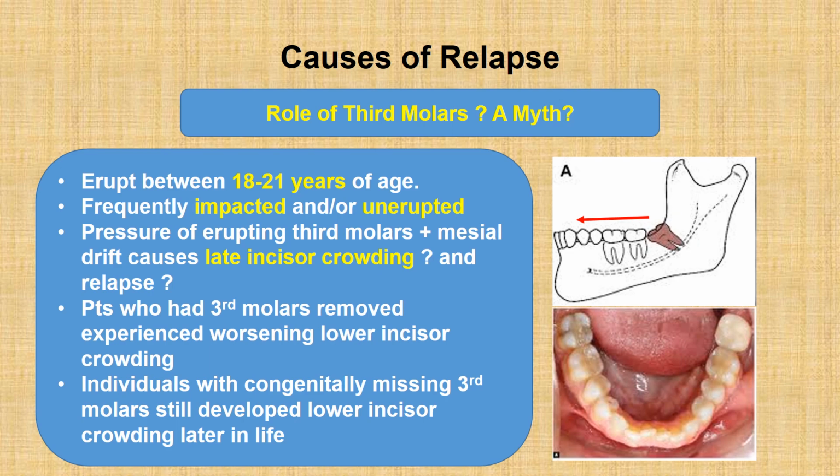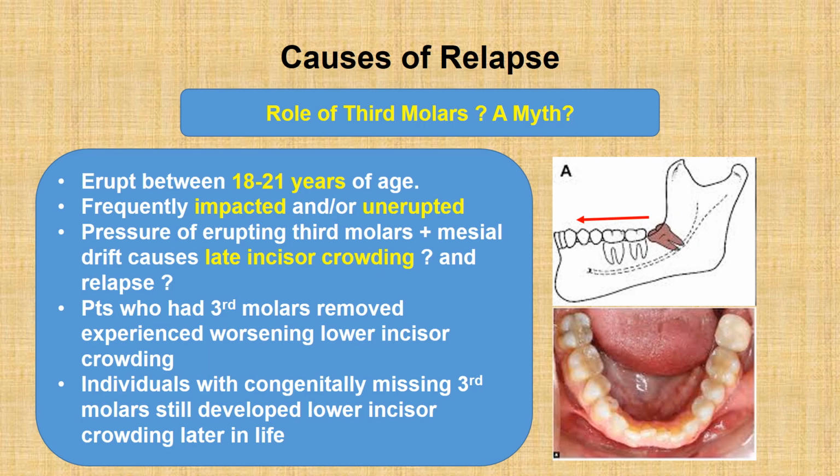unerupted. Now, it is believed that the pressure of the erupting third molars puts a mesial force on the dentition, which results in late incisor crowding, leading to relapse. But it has been shown that patients who had third molars removed experience worsening lower incisor crowding.